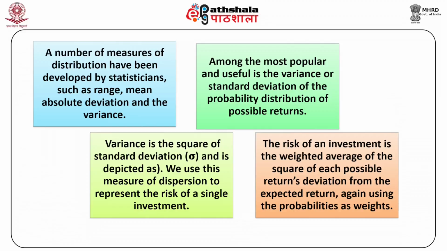Variance is the square of standard deviation and is depicted as sigma square. We use this measure of dispersion to represent the risk of a single investment. The risk of an investment is the weighted average of the square of each possible return's deviation from the expected return.